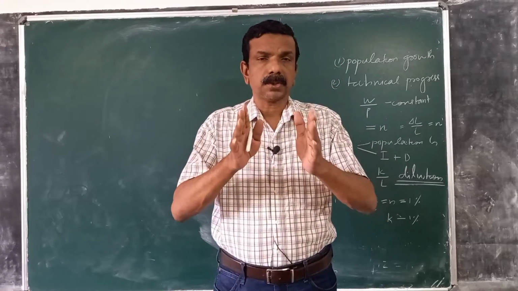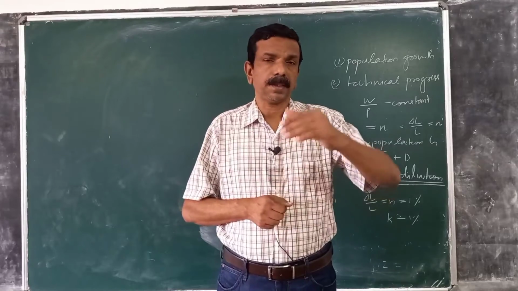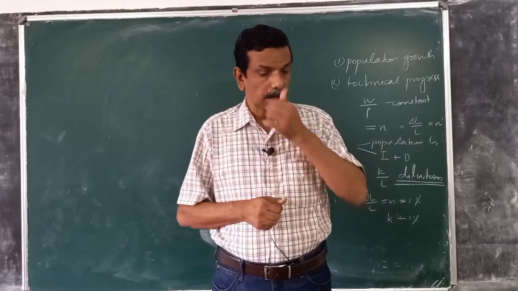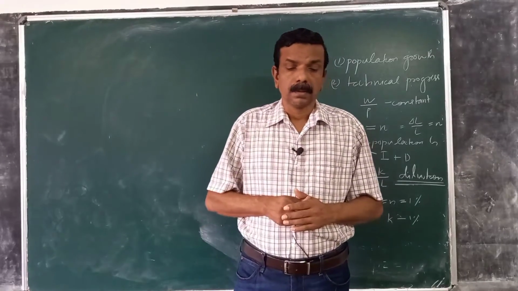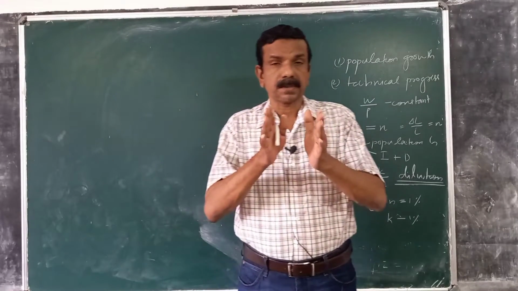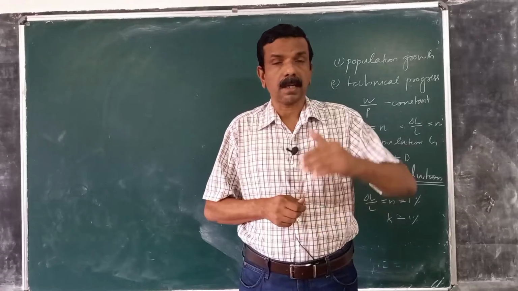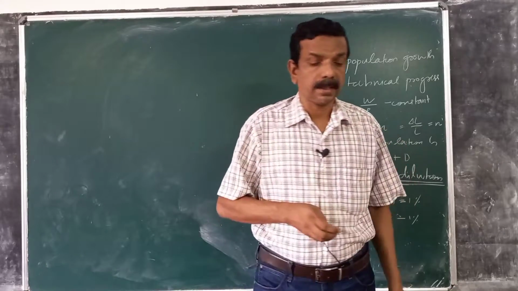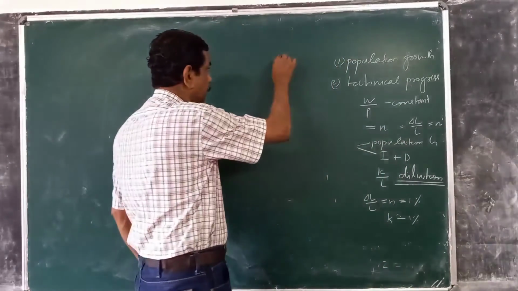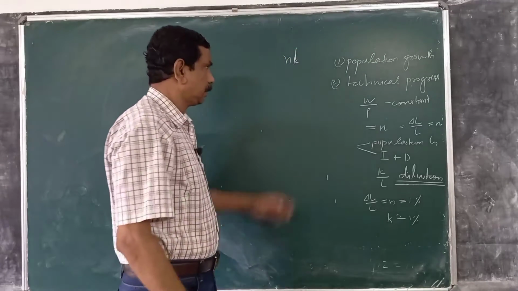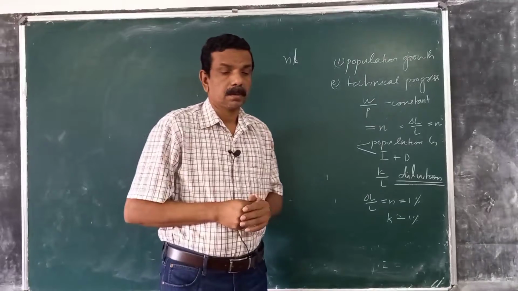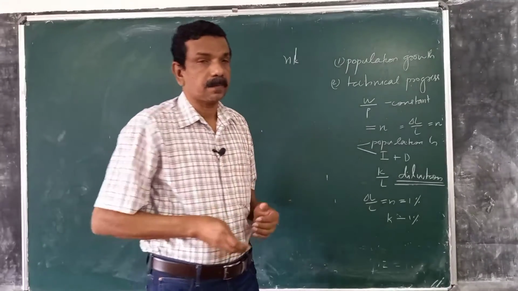Now, we can show the effect of population growth on the capital-labor ratio by subtracting capital dilution, n k, from the capital accumulation formula.